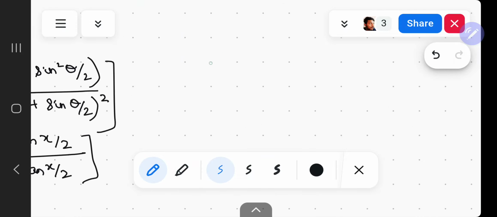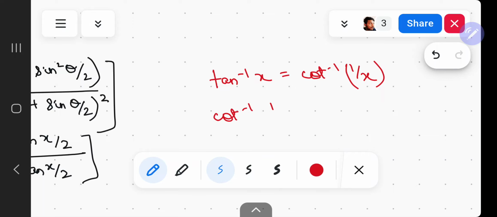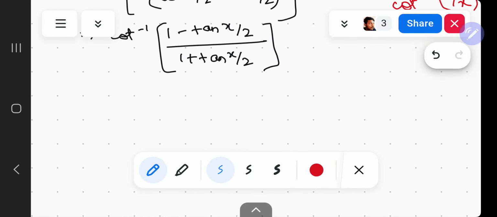Okay, and there's a formula we will use here: tan inverse x is equal to cot inverse 1 over x, or cot inverse 1 over x is equal to tan inverse x. So whenever we take the reciprocal of the value inside tan inverse, it becomes cot inverse, and the value inside cot inverse will be reciprocal, it becomes tan inverse.